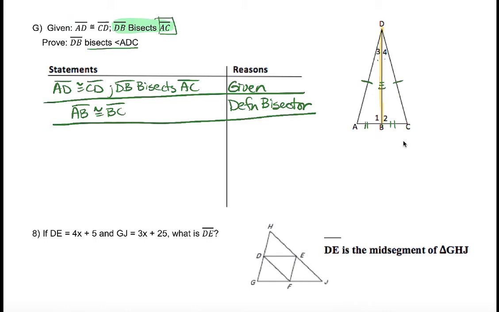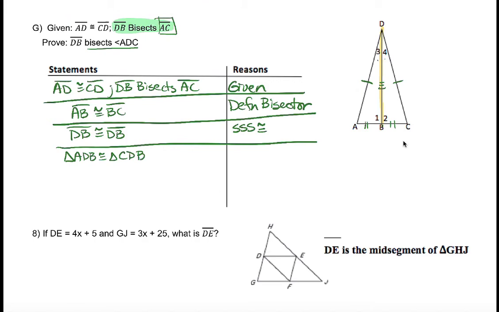Then we have 2 sides right now. We need our third pair of sides, which is DB congruent to DB by side, side, side. Now we're able to get the triangles congruent. So ADB congruent to CDB.